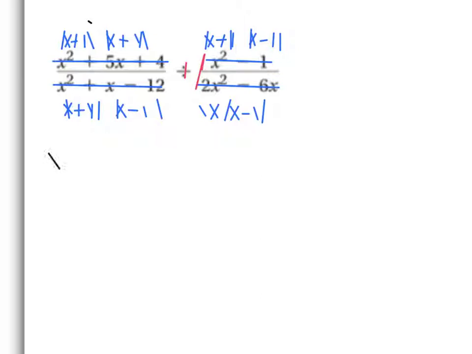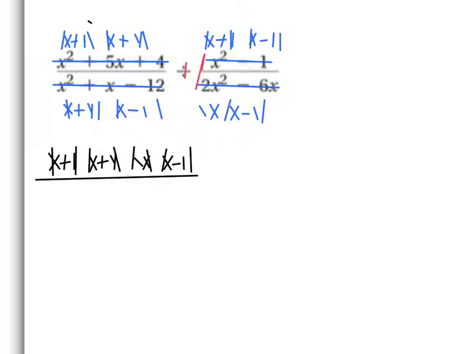And so I get x plus 1 times x plus 4 times 2x times x minus 3. Over, and then I'm doing the same thing, but this time I'm taking the denominator here, times the numerator of the other. X plus 4 times x minus 3 times x plus 1 times x minus 1.